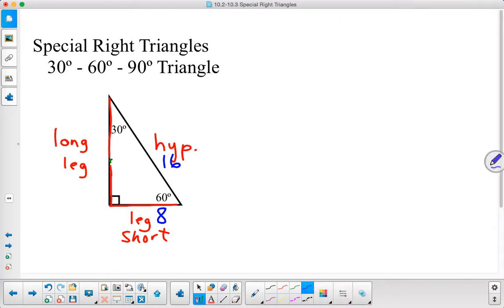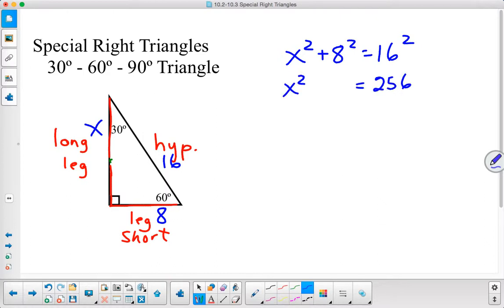Okay, so to get the long leg figured out, Pythagorean theorem: 16 squared is 256. Subtract 64.